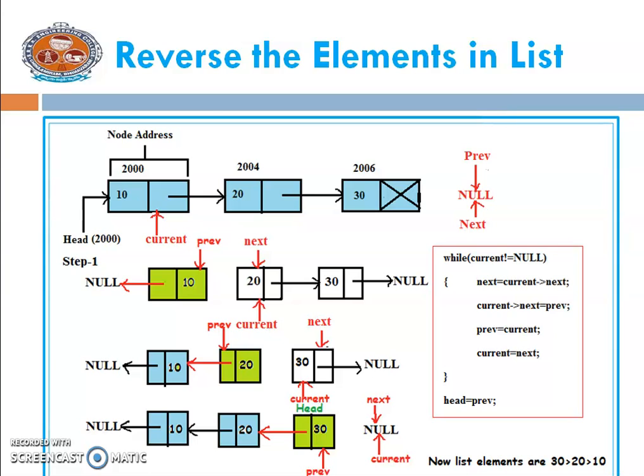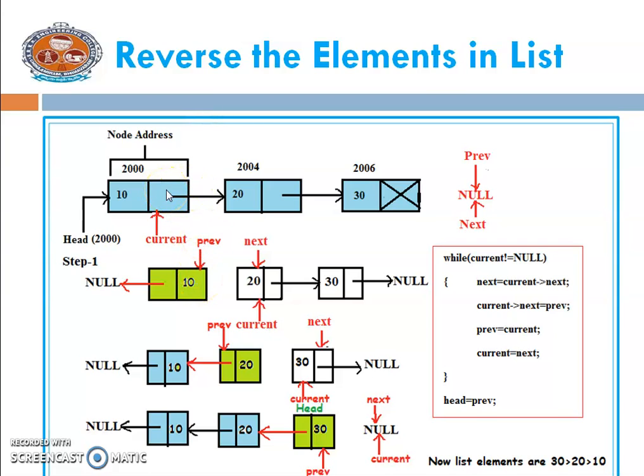Iterate through the linked list while current is not equal to null. Current is pointing to the 2000 address, it is not equal to null. So next is equal to current of next. Current of next is 2004, so next is pointing to 2004. And current of next is equal to previous.